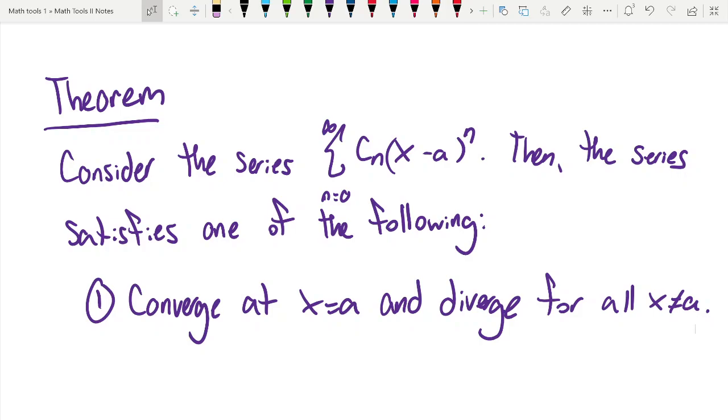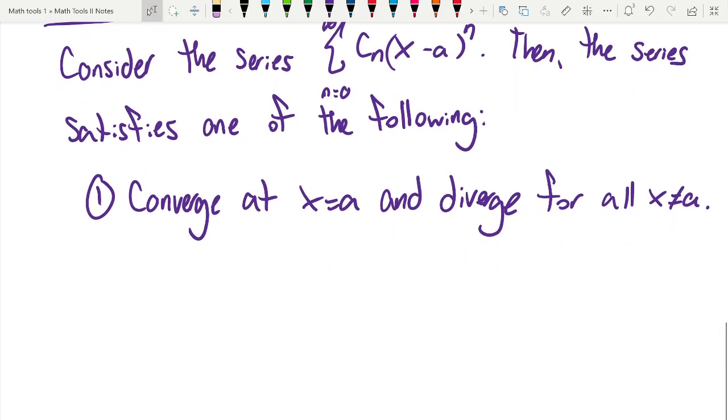So it would be c sub 0 plus 0 plus 0 plus 0 plus 0, right? So it's going to converge in that case. So this is kind of the extreme where this is the only value it converges at. It could converge for all real numbers.